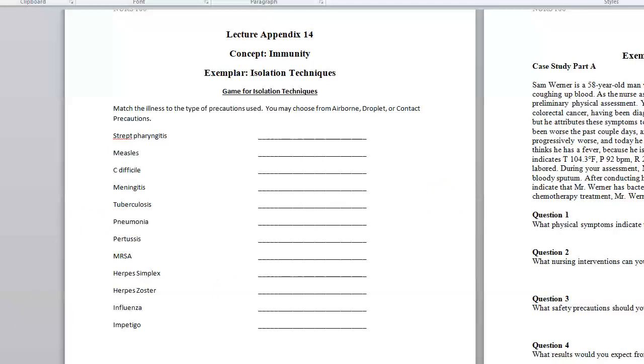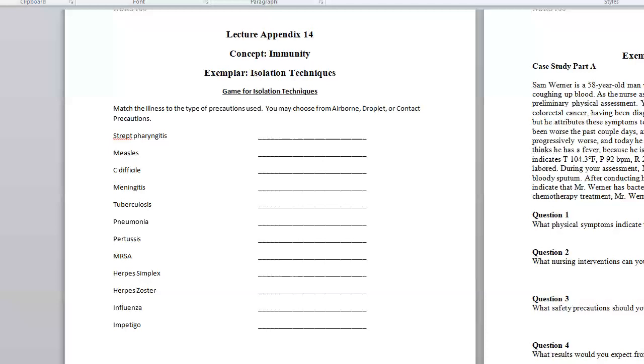All right, now that we've gone over the reading and you've hopefully viewed that video on isolation techniques, let's match the illness to the type of precautions used. We can choose from airborne, droplet, or contact, and this is in Appendix 14, and it is the concept of immunity, and our exemplar now is isolation techniques.